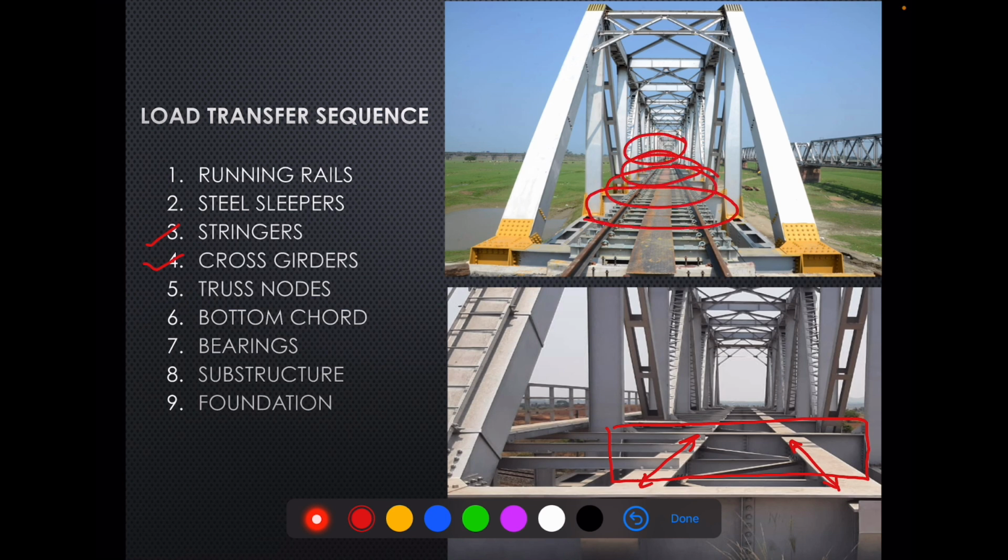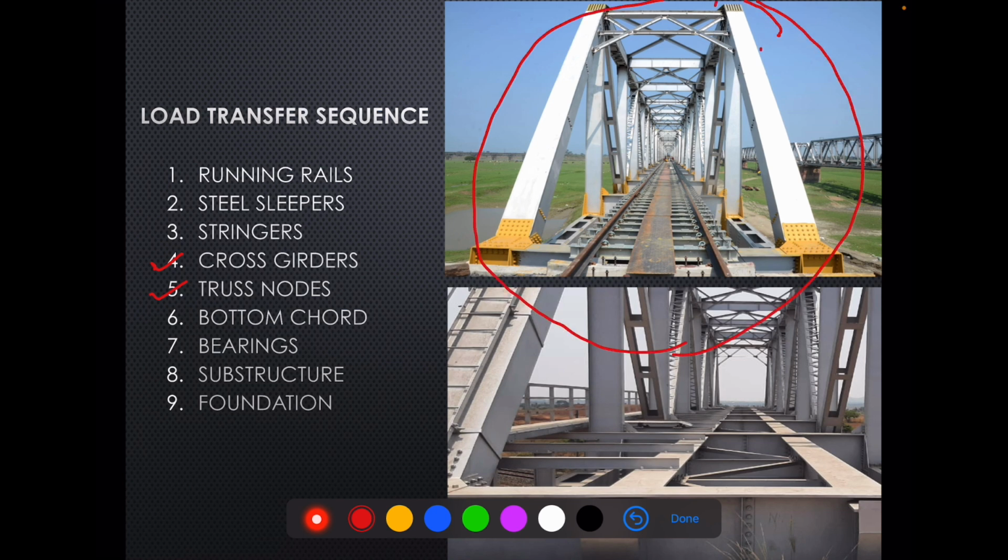At every panel point they are provided. So at every panel point, this load is getting transferred through cross girders, and in a way, every truss node is participating in mitigating the loads. So finally, the entire truss takes part in mitigation of the loads.